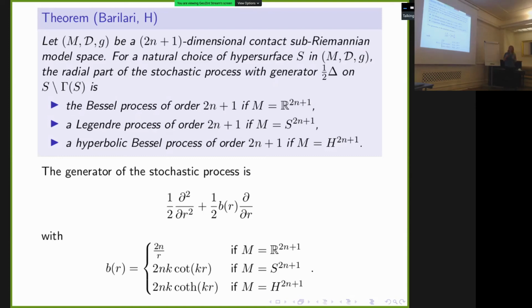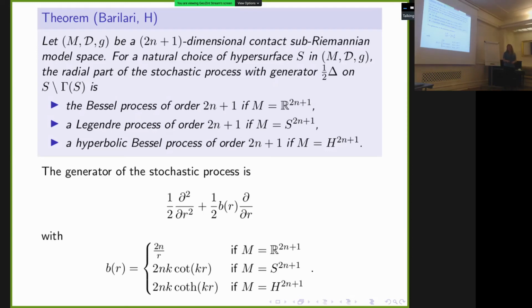You again see this gaining an order, because if you just take Brownian motion on R^2n, then its radial component follows a Bessel process of order 2n. So in all 3 cases, you gain one order compared to the Riemannian situation. So you can think of those spaces as kind of model spaces for this hypersurface in a contact sub-Riemannian manifold.